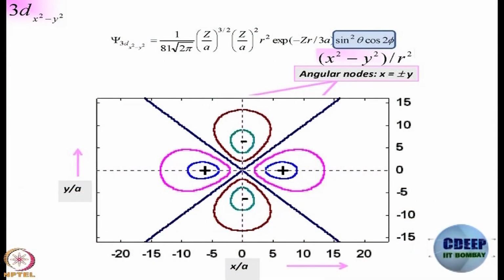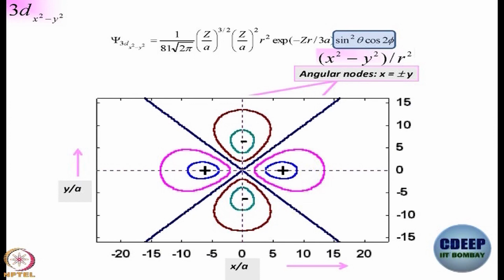Let us not bother about the notes for the moment. Let us not bother about the picture for the moment. Let us just look at the function. So, you can write the function as something in r multiplied by x square minus y square. That is why you call the orbital dx square minus y square. So, if I want to know how this orbital transforms in response to different symmetry operations, what do I have to do? I have to see how x square minus y square transforms. Are we clear? Okay.